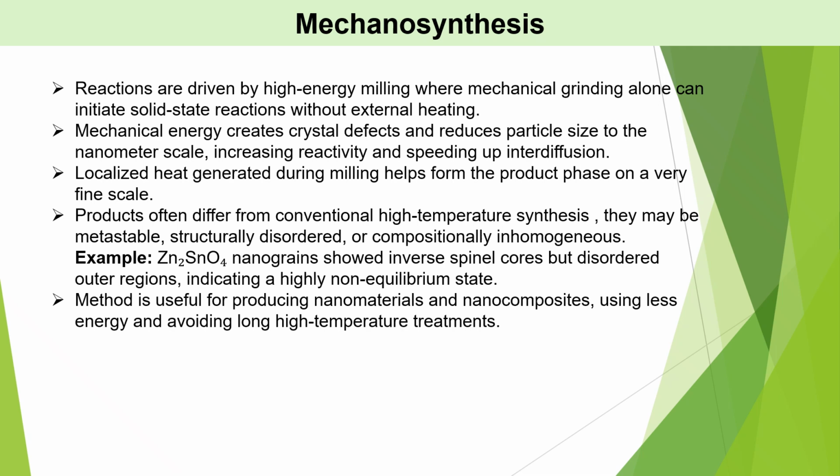The products often have unique structures compared to conventional synthesis: metastable phases, nanocrystalline domains, and disordered regions. For example, Zn2SnO4 nanograins prepared by mechanosynthesis show inverse spinel cores but disordered outer layers. Mechanosynthesis is especially valuable for producing nanomaterials without high temperatures.